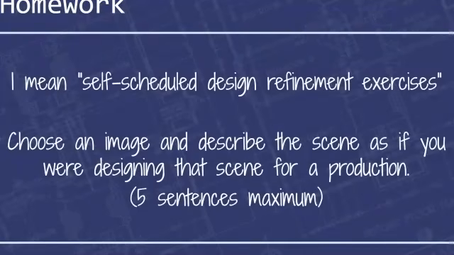Say you had to email the director, this is my vision of what this scene should look like. Five sentences maximum. Concise is good, both in terms of I don't want you to spend a whole lot of time on it, and also I don't want to spend a whole lot of time reading them. It's more just to get you into that design mindset and thinking about what the process is.